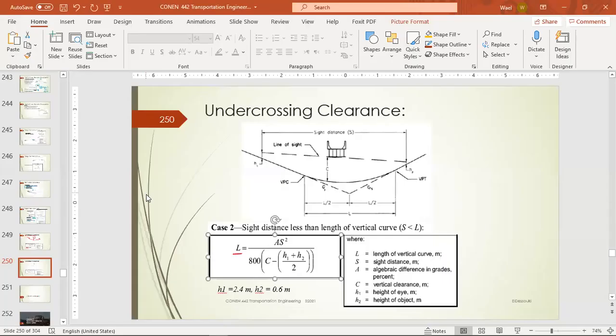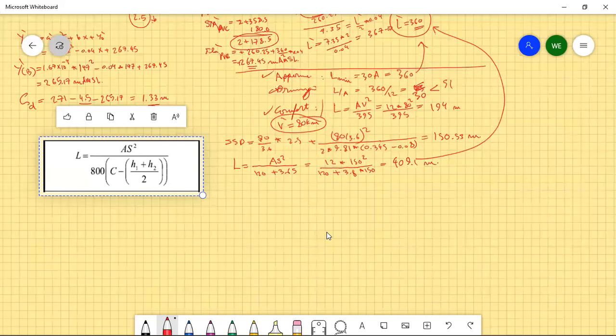That equation for the case 2, sight distance less than the length of the vertical curve. And basically, this is what we have here. So let's check L. In this case will be A S squared.